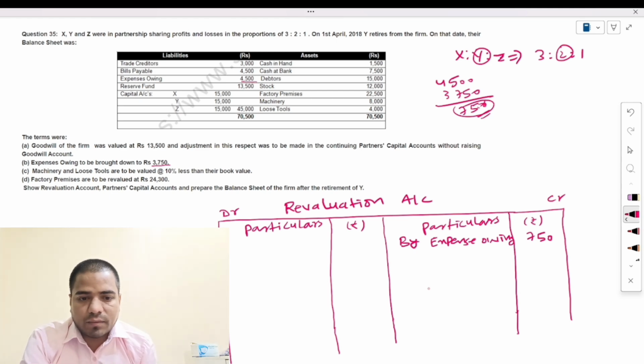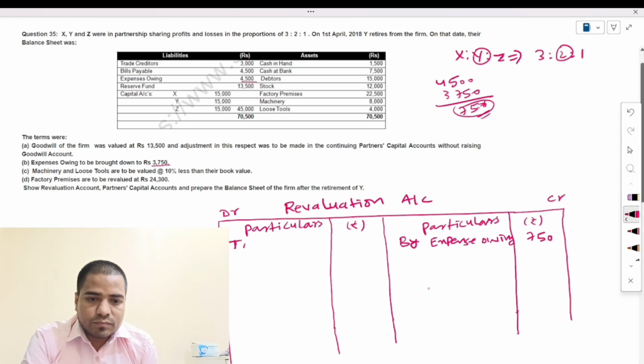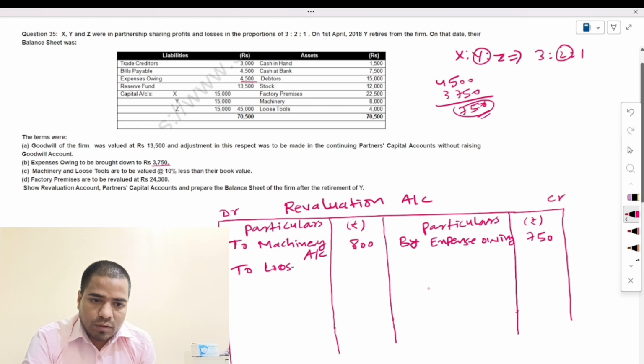So we will write here in the debit side to machinery account 10%, 8,000 of 10%, how much? 800. And to loose tools account 10% means 400.